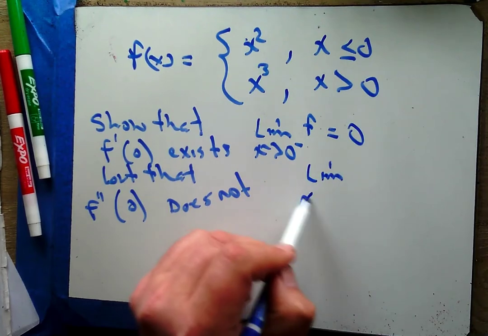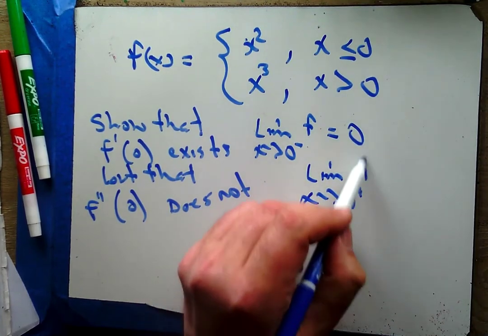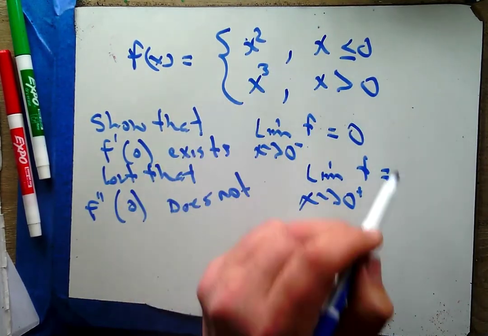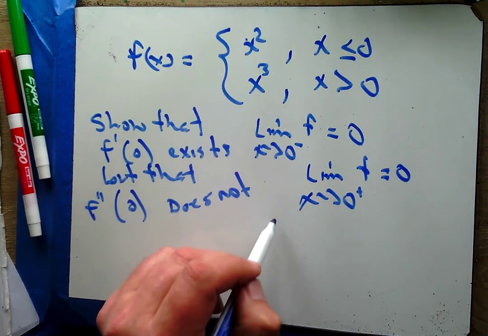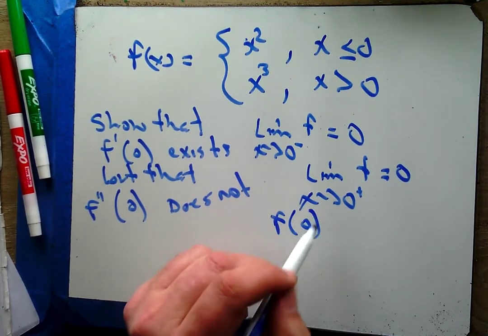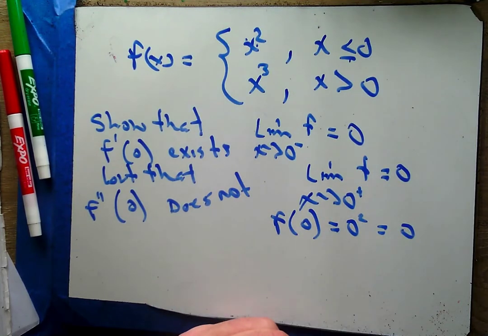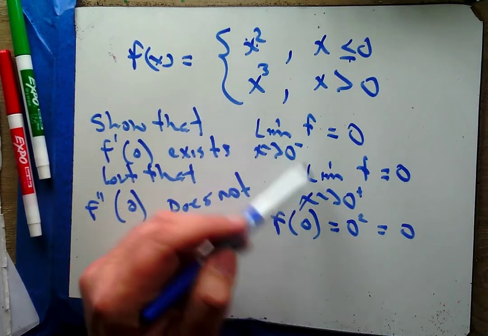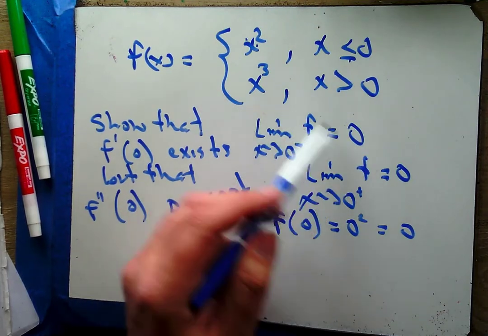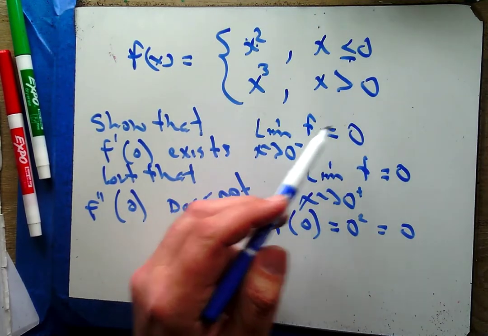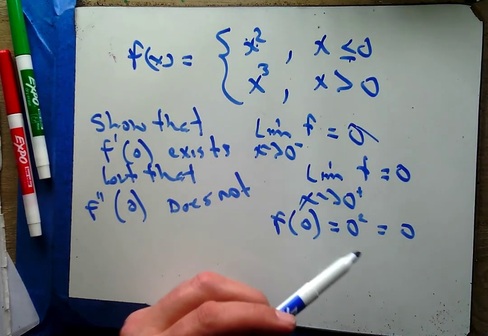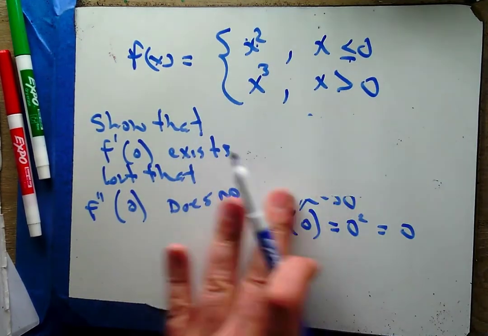And the limit as x approaches 0 from the positive side of the function, I plug the 0 in there and get 0, should equal f of 0, which is 0 squared, or 0. So because the limits on both sides of 0 of the function f are equal to f of 0, I know this function is continuous at 0.